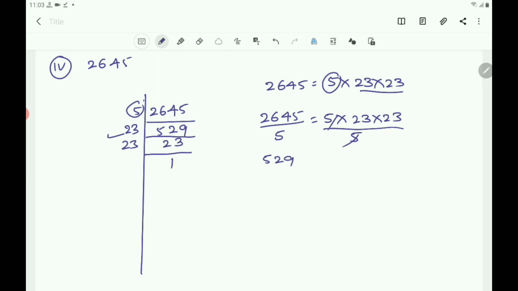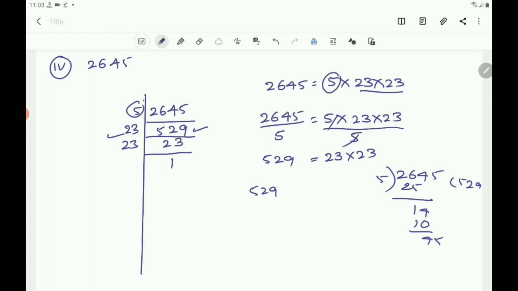If you divide, then only that you will get; you divide it if there is a doubt. 5 5s are 25, 14, 5 2s are 10, 4 is remaining, 49, 5 9s are 45. Then it is 23 into 23. Then 529 equals 23 square. Then square root of 529 equals 23.